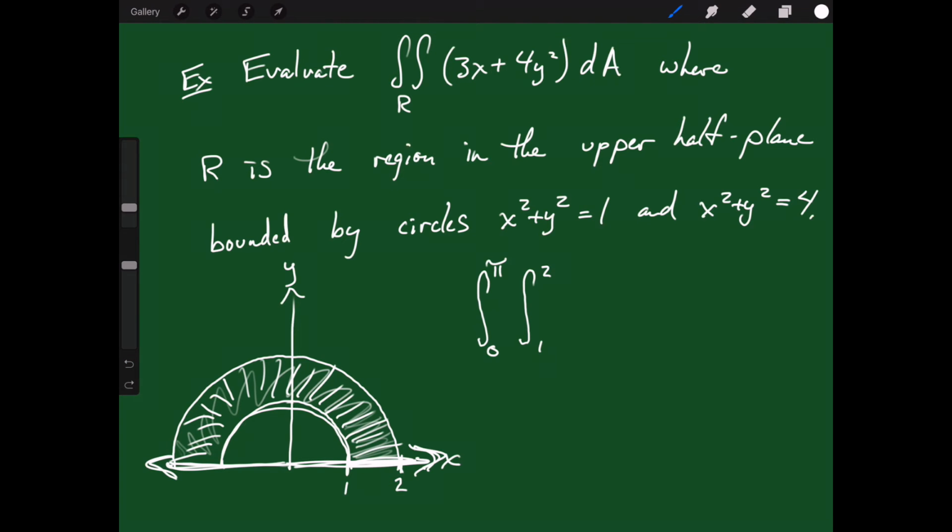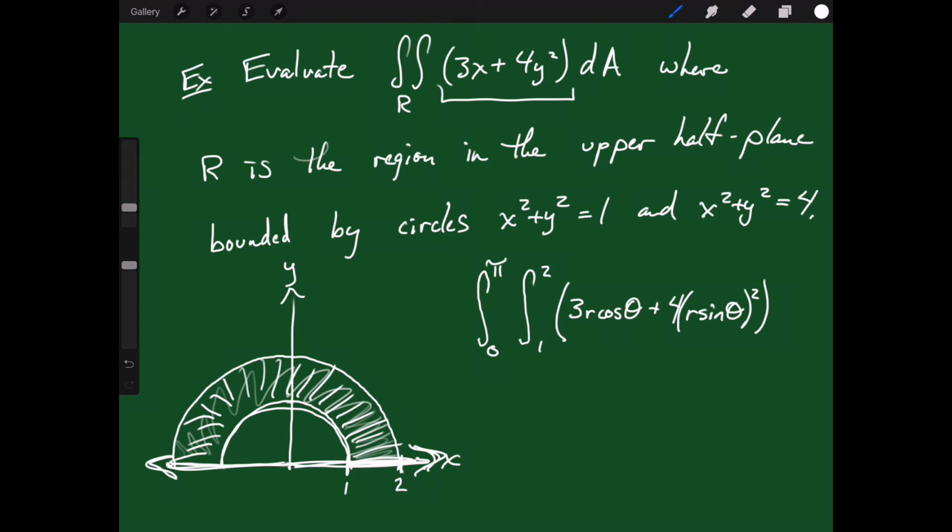So now what do I put in? Now I put in the function. Here's my function, but I don't want to put it in x's and y's. I want to put it in r's and thetas. So instead of having 3x, I'm going to have 3r cosine theta plus 4r sine theta, or y, and the y is squared.